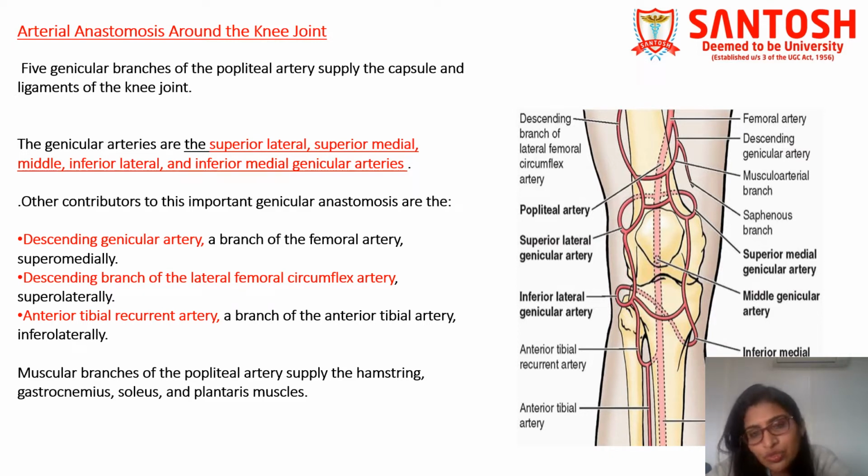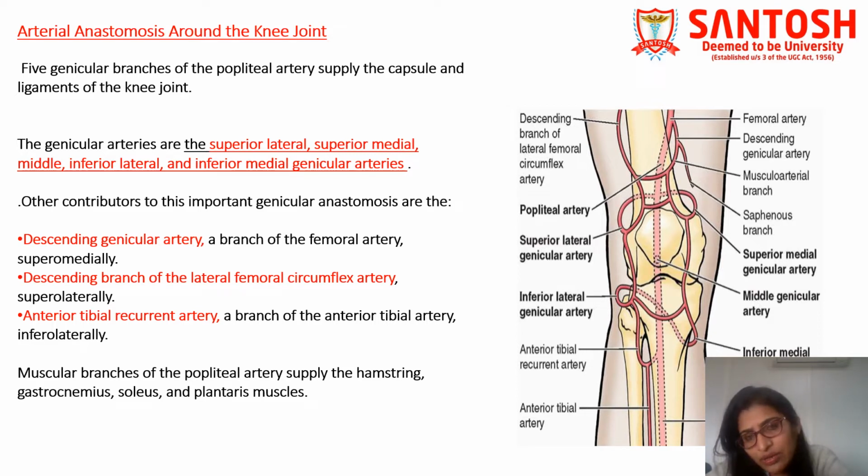Other contributors to this important genicular anastomosis are the descending genicular, which is a branch of femoral artery, descending branch of the lateral femoral circumflex artery, and anterior tibial recurrent artery.